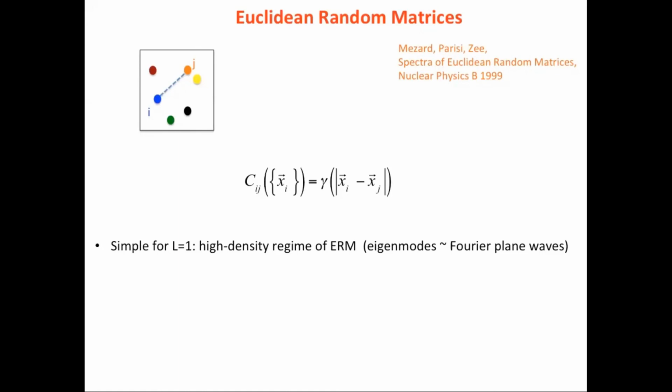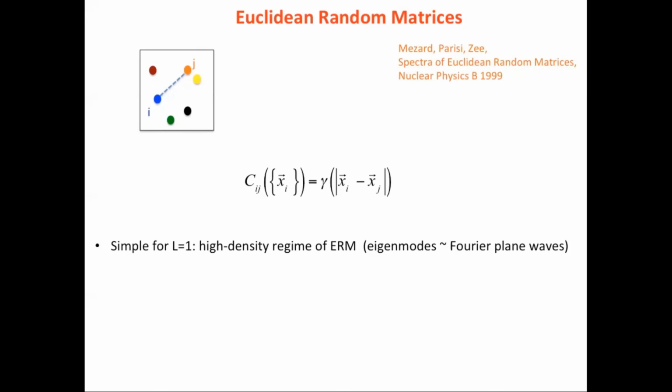And so Cij will be a function of the distance xi minus xj, and this is some deterministic function, typically decreasing with the distance. If you draw many points uniformly at random in a finite box, when n goes to infinity, you have a high density regime of your Euclidean random matrix, which is quite simple to deal with.